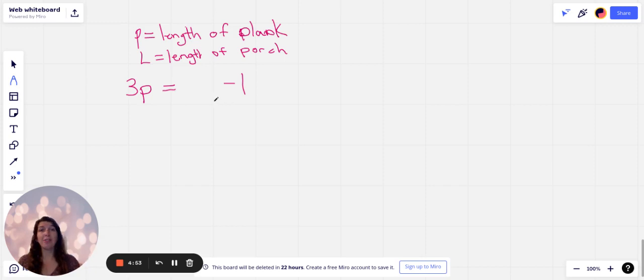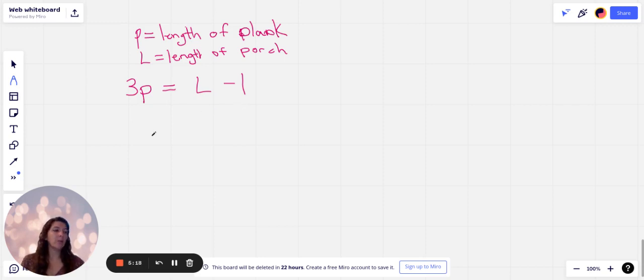I'm happy for you to watch this video and know how to do the problem, but don't be discouraged by this problem. Okay, so 1 foot short of the porch length, which we're saying is capital L. So 3P equals L minus 1, three planks were 1 foot short of the porch length. Okay, does that make sense?